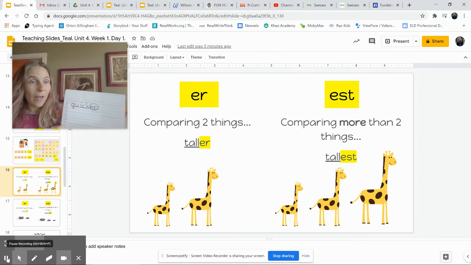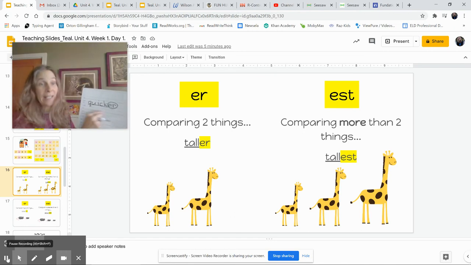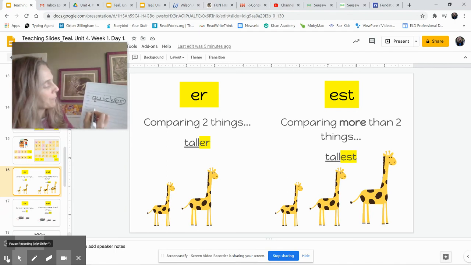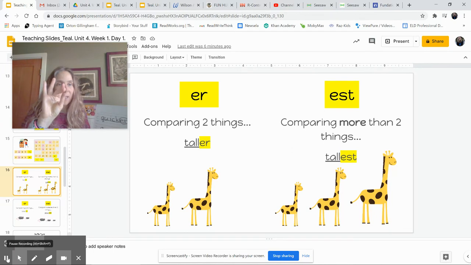Great. Now I want to compare my husband, and my nephew Cole. Well, Cole is the quickest out of all of us. So I'm going to write quickest. I'm going to keep that same base word, and now I'm going to add my est suffix right here, like my tallest giraffe. So here we go. Let's tap out quick again. Quick.